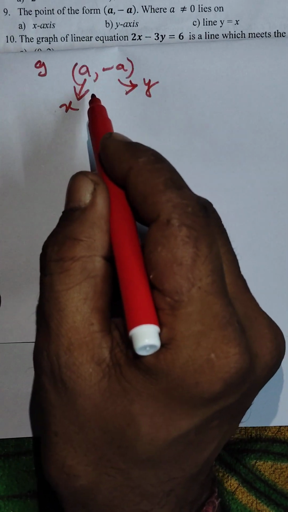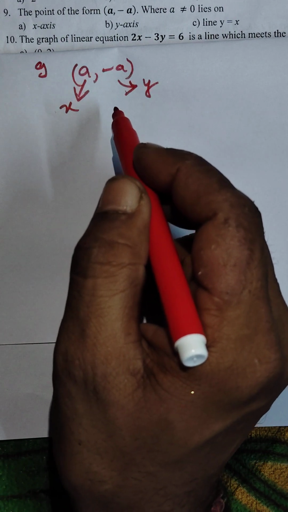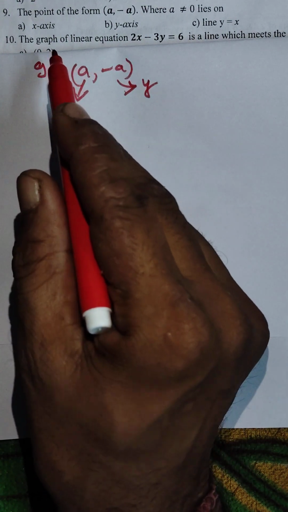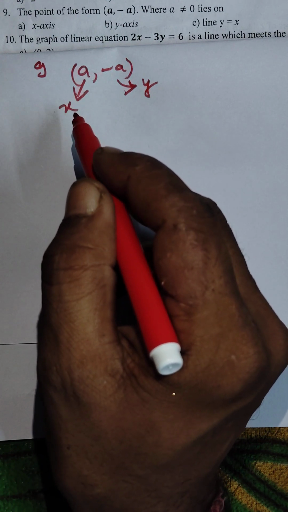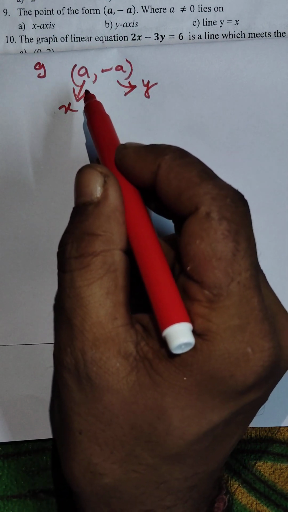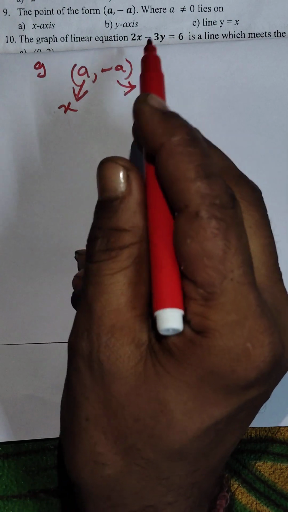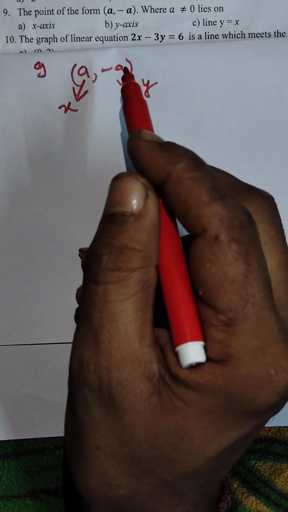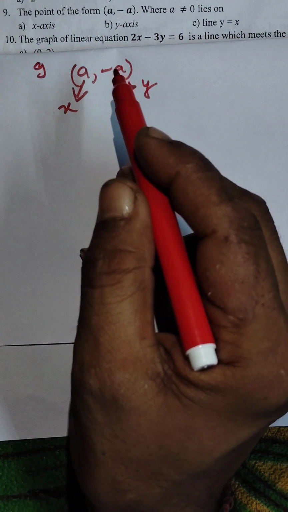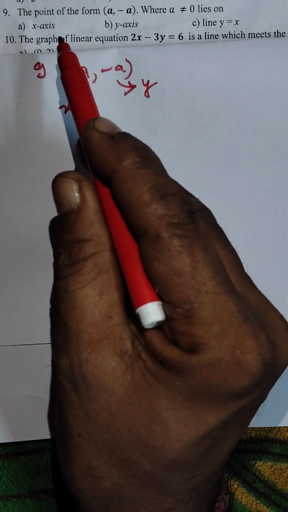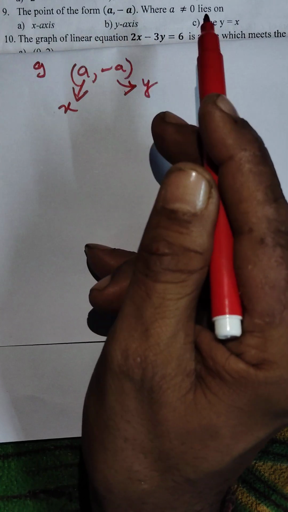If the x value is 0, then it lies on the y axis, but x is not equal to 0, it is a, and a is not equal to 0 as given here. Similarly y is not equal to 0, because if y is 0, then it lies on the x axis. So A and B options are eliminated.